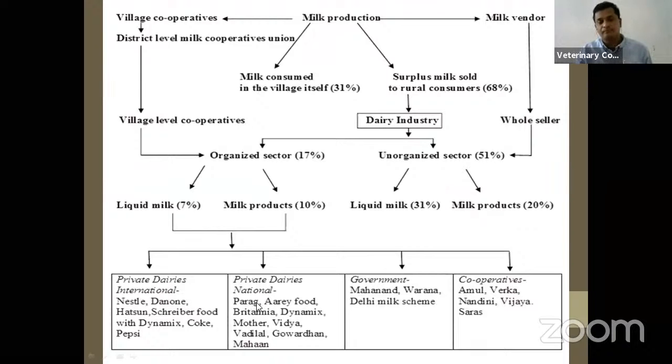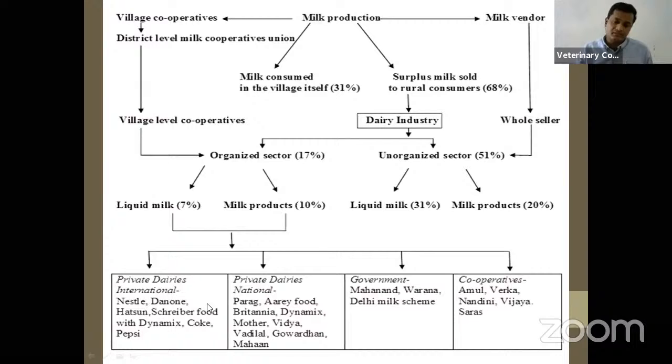The brands are Parag, RA Food, Britannia, Dynamics, Mother, Vidya, Vadilal, Govardhan, and Mahan. These are some of the important international and national brands when we talk about private dairy in India. Some already have a well-established network, and some are establishing networks to capture a larger share of the market.